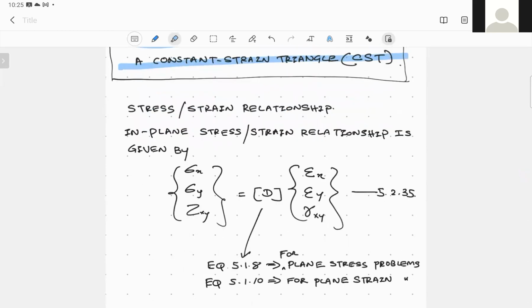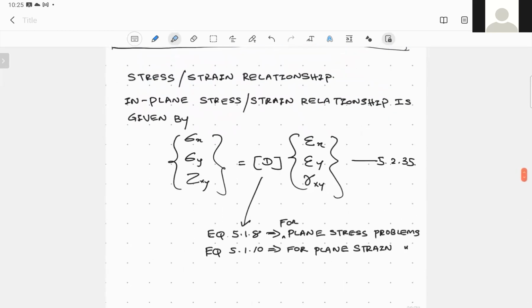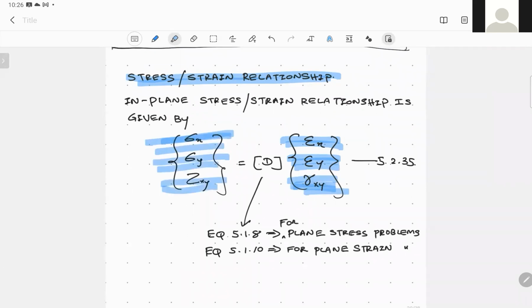Simply then, the next step is, since you already know the strains, you can relate the strains to the stresses. Simple, the next logical step. We know the three strains now, we know the strain matrix, and we can relate it to the stresses. How do we relate it? We know the constitutive matrix we already learned about for plane strain and plane stress problems.